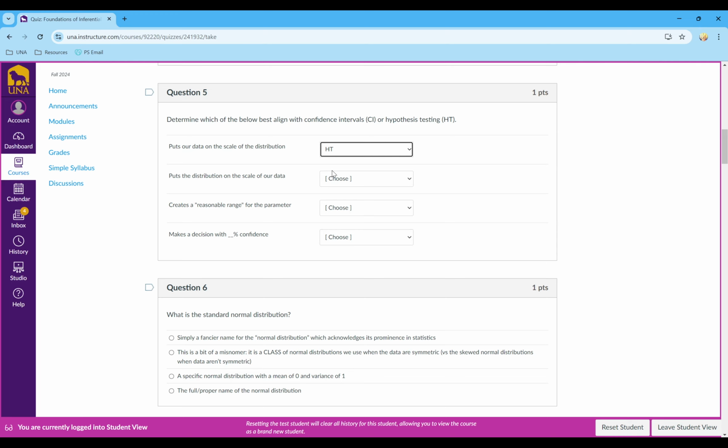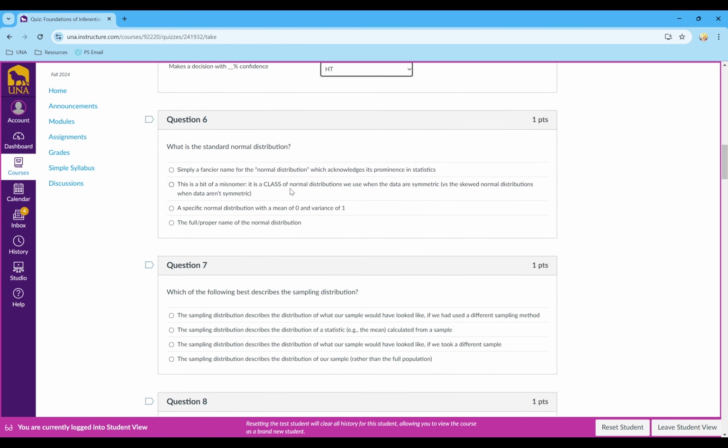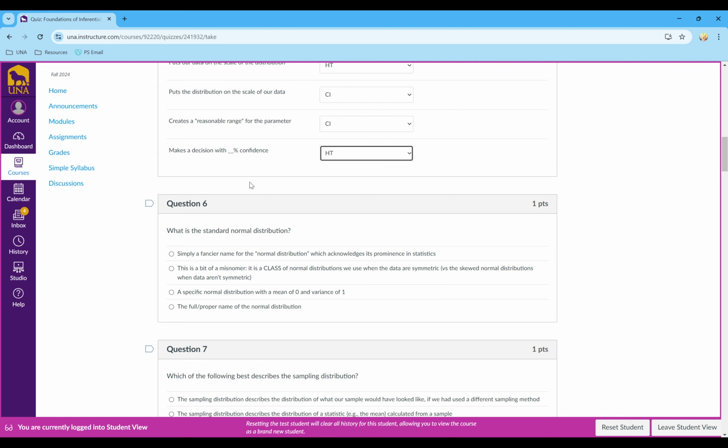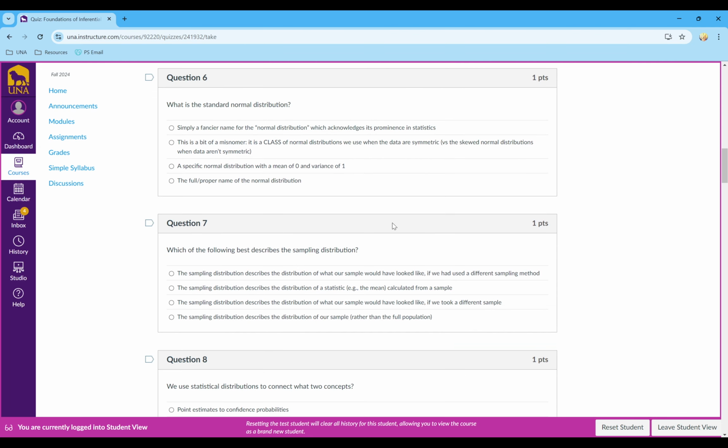It takes our data and puts it on the scale of the distribution. Distribution on the scale of our data, well that's the whole thing with a confidence interval. Reasonable range for the parameter. Well, a confidence interval is all about a reasonable range. Make a decision with blank confidence. Well, decision making is hypothesis test. Though I will add quickly, remember we can make a decision with a confidence interval too.